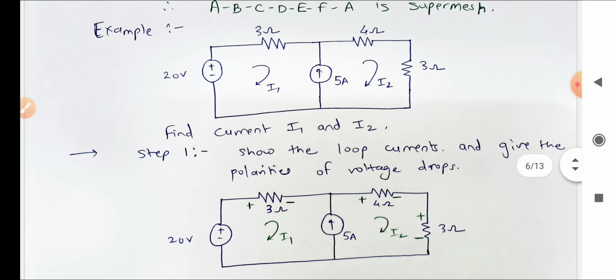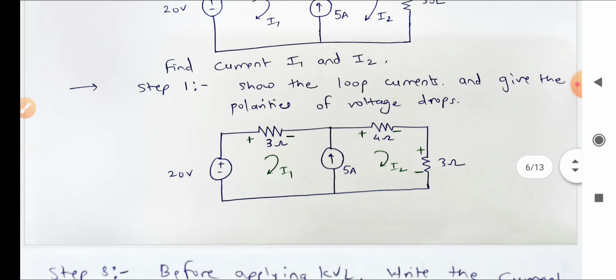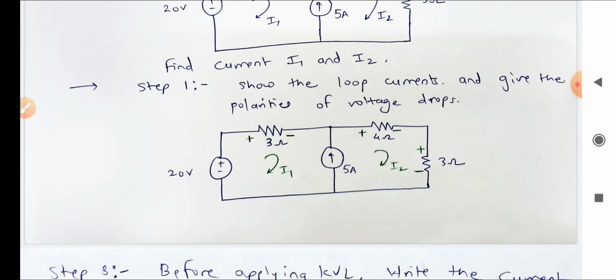Before writing the current source equation, first of all, as we are giving the loop currents, according to those loop currents we are assigning the polarities to each and every element in the network.